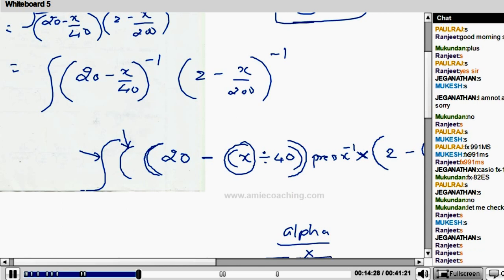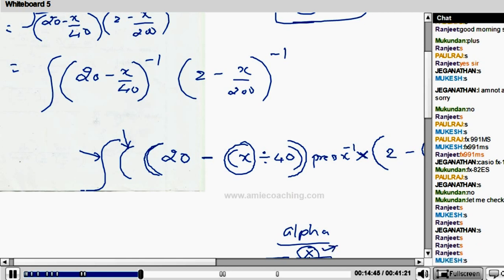Okay. Alpha, this bracket symbol will give the value of X. Have you got it? Yes, fine. Now we can perform.